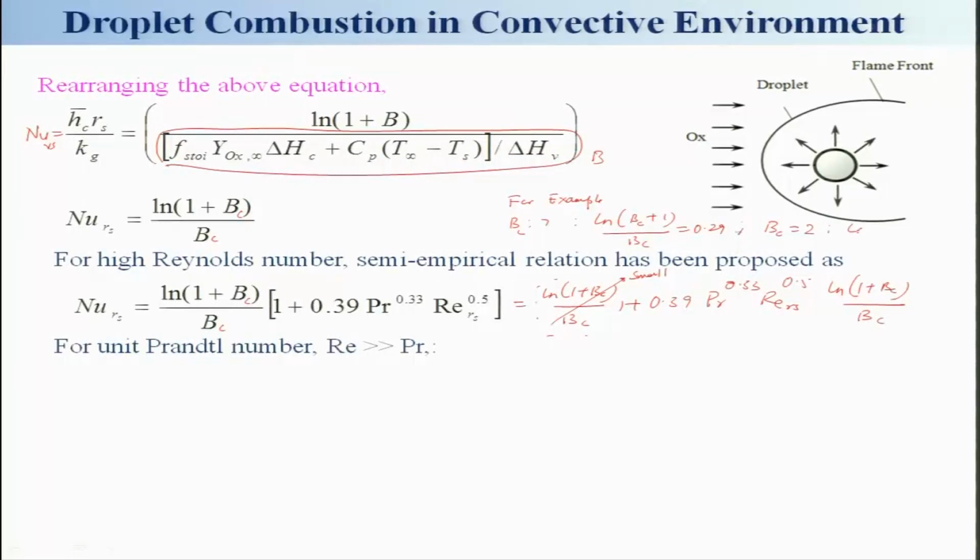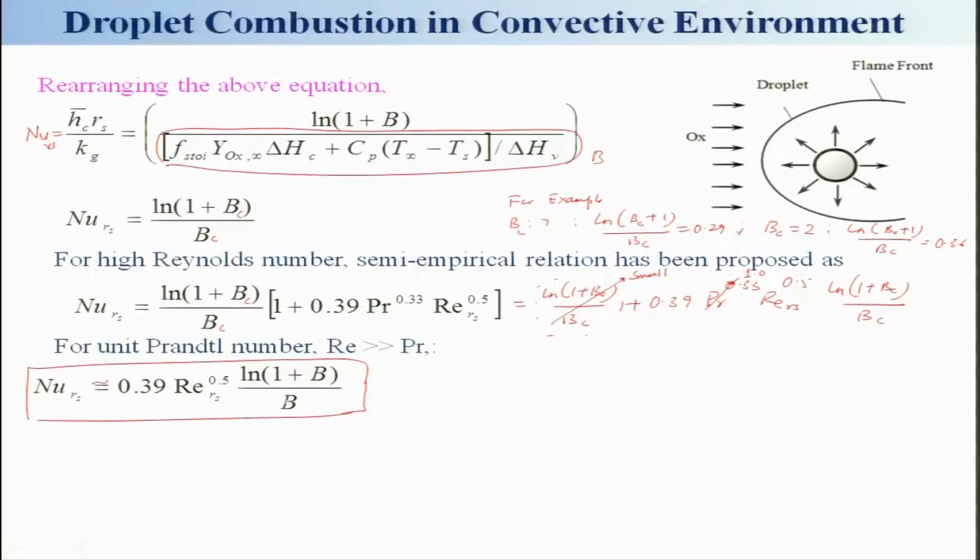Then this term, ln of BC plus 1 by BC, will again be very small, because this is a logarithm term, so it gets compressed and becomes very small. So this is small, you can neglect it, and if you neglect that one, you will get Nu Rs approximately equal to this one.